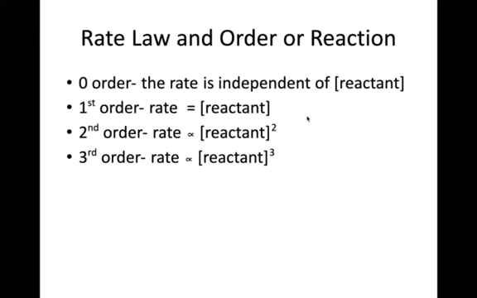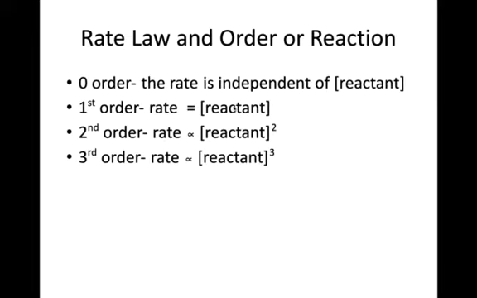Here's a reminder of the relationship between first, second, and third orders and their rates. A zero order reactant will be independent. It won't change or influence the rate. So a reaction that is zero order with respect to one of the reactants means that the initial concentration of that reactant has no effect on the rate.